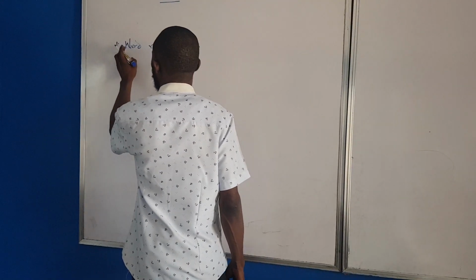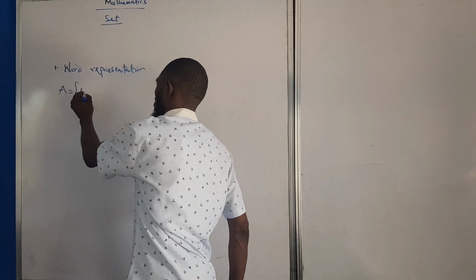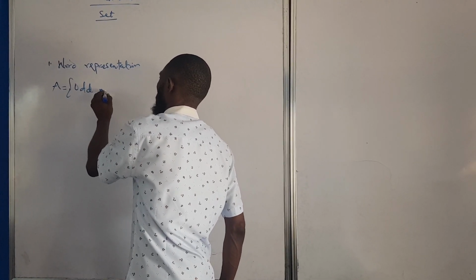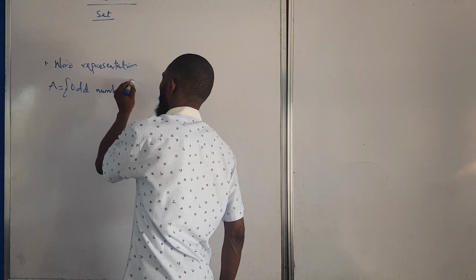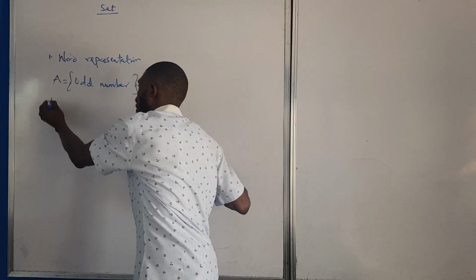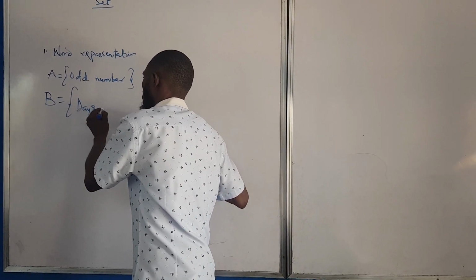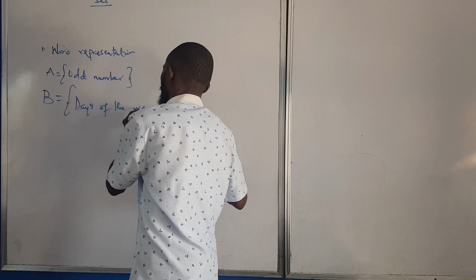In this words representation, they can give sets in the form of statements, like let's say A equals odd numbers. This one is given in words, or we should say B equals days of the week.